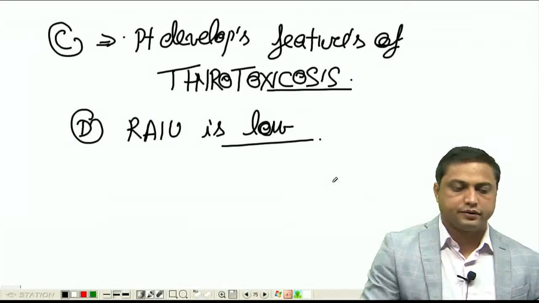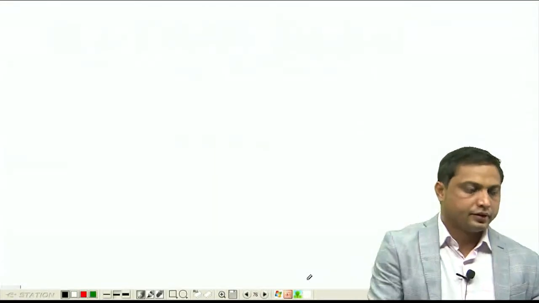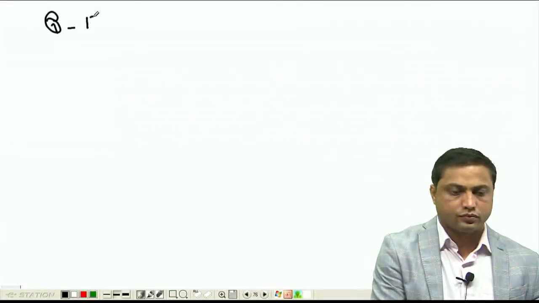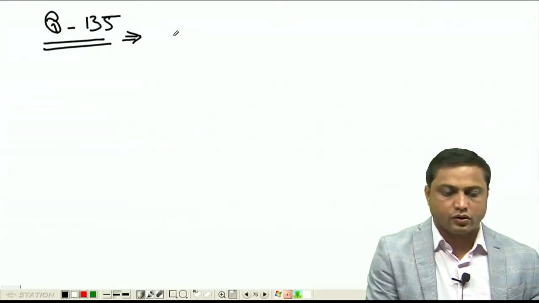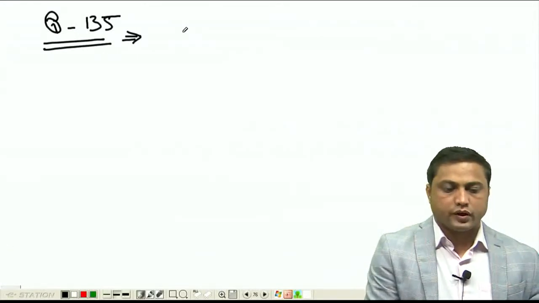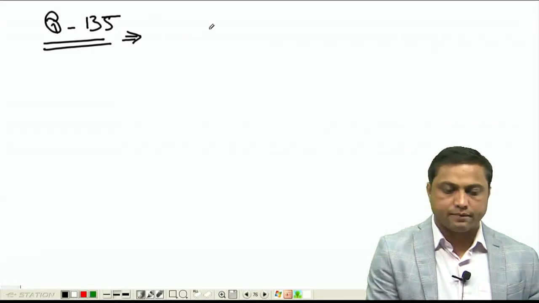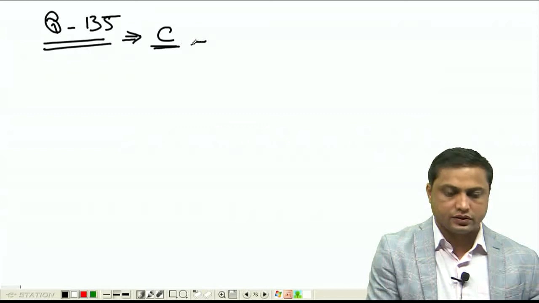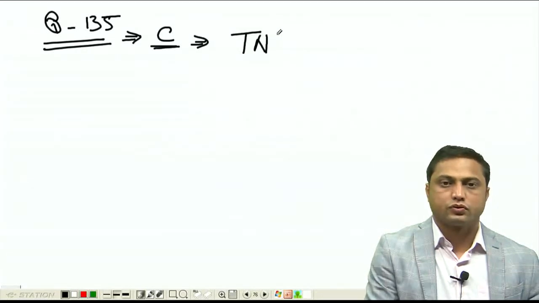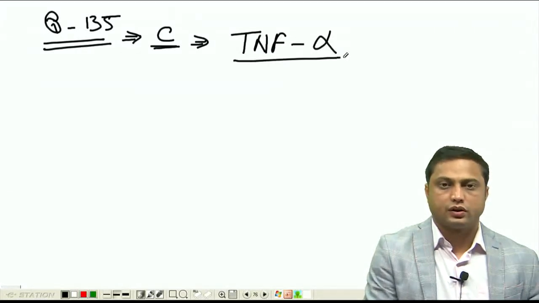Question number 135. All of the following enhance insulin sensitivity except, answer is C, tumor necrosis factor alpha.